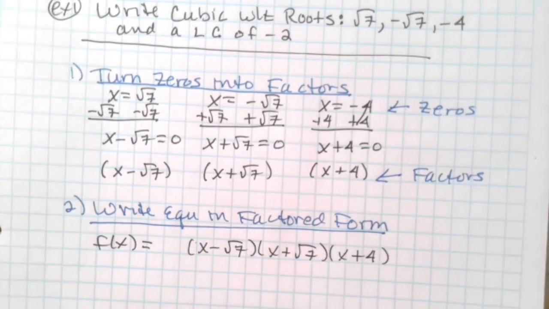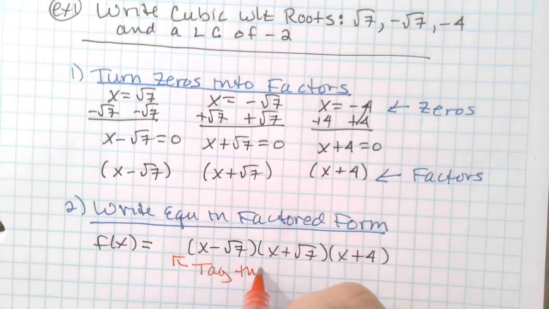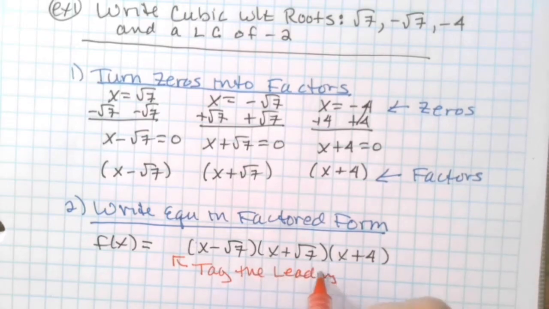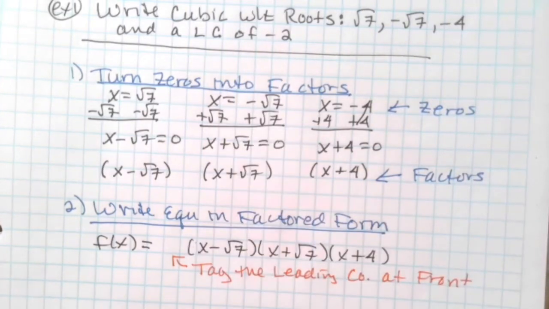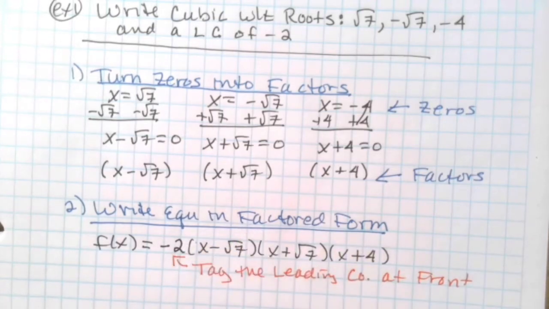That's factored form. And then whatever they want for the leading coefficient, tag the leading coefficient at the front. So they want a leading coefficient of negative 2. We're going to put the negative 2 in the front.